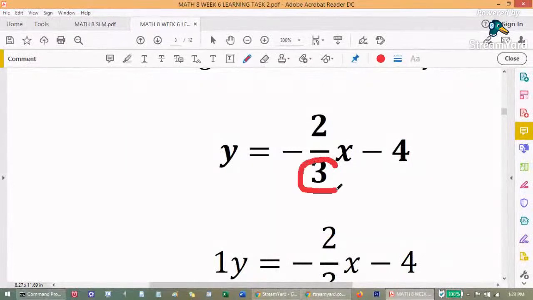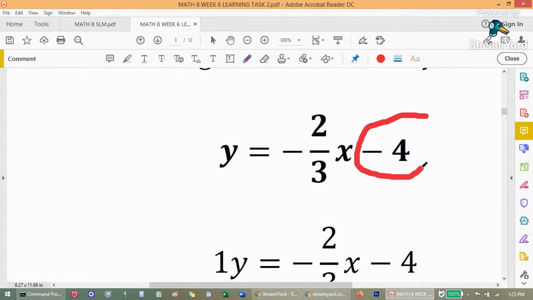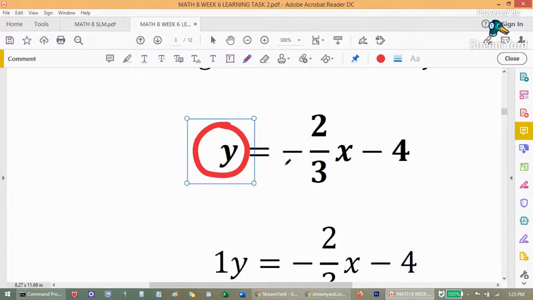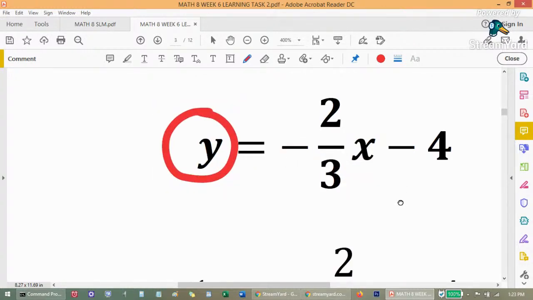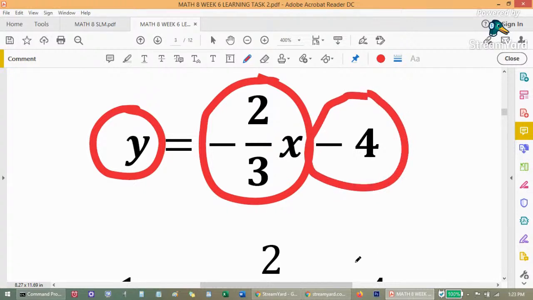Since merong number dito, fraction, kailangan mawala to, no? So, paano mawawala yan? Yung 3, i-multiply natin dito sa y, multiply natin dito, at i-multiply natin dito. Sa tatlong terms na yan. Tatlong terms yan eh. One term, pangalawang term, pangatlong term.